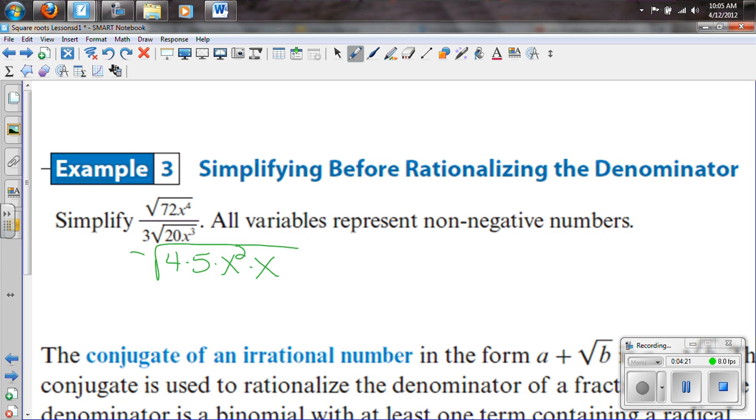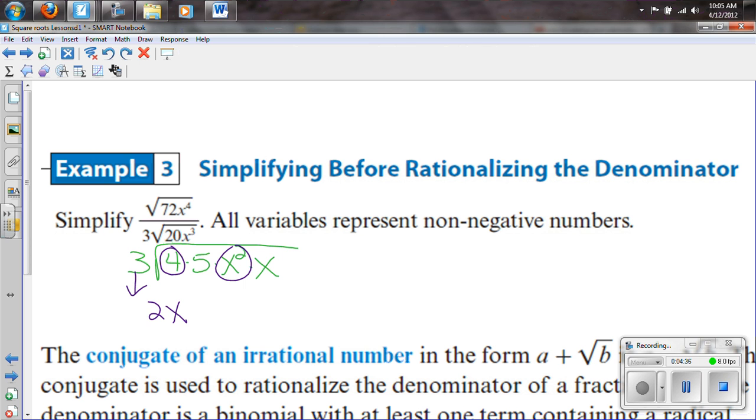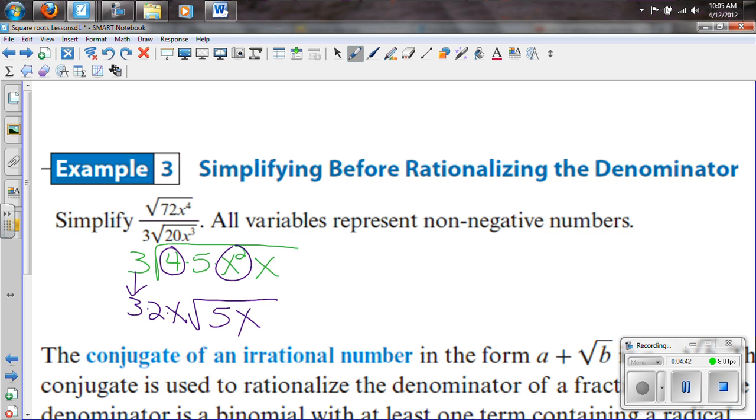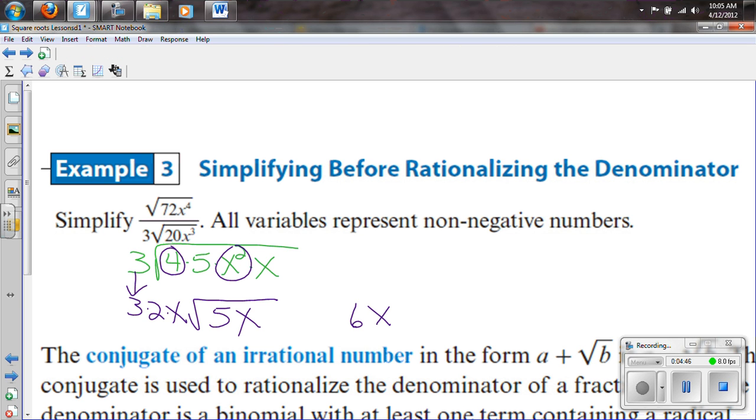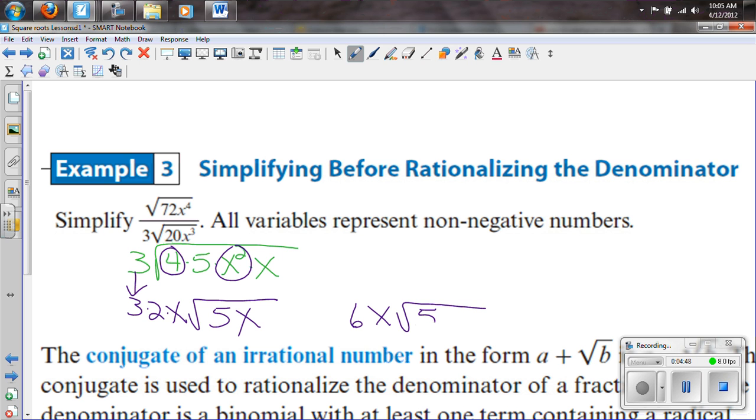And again, the reason that I did x squared and x is because I want to take the square root of x squared. And so I'm going to pull out here, the square root of 4 is 2. The square root of x squared is x. I still have this 3, and I have the square root of 5x. That's all in the denominator. So what I really have is 6x times the square root of 5x in my denominator.